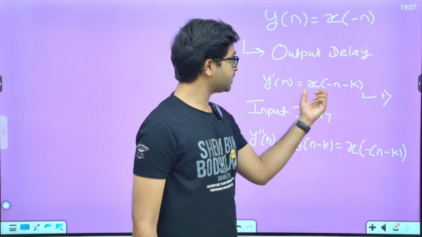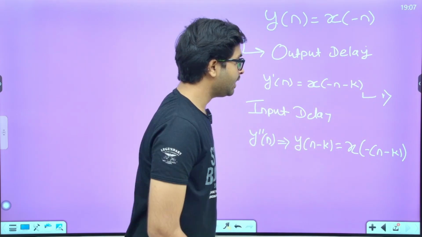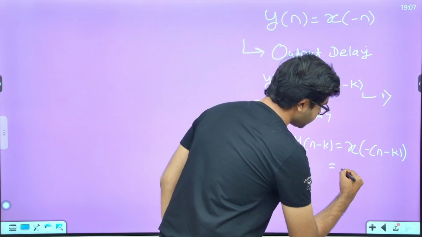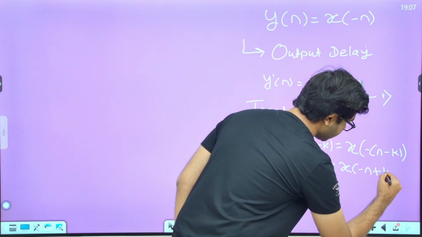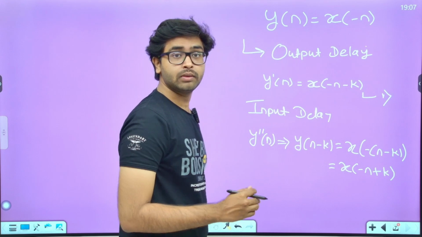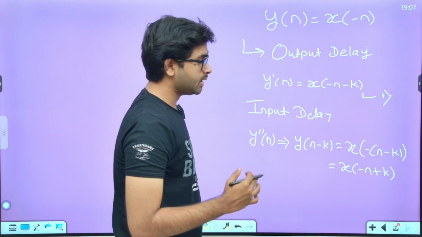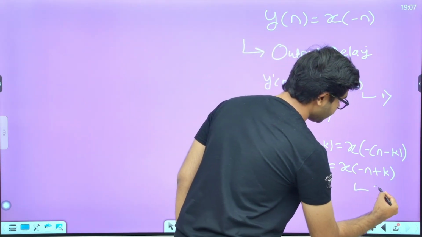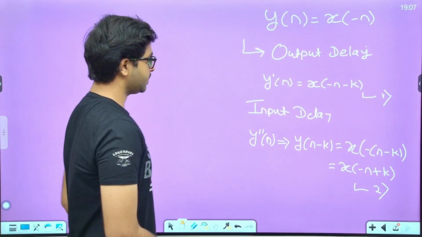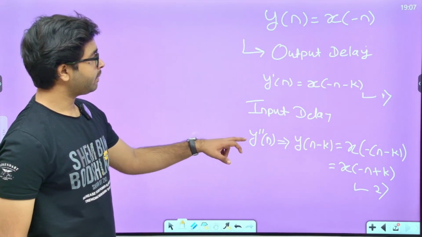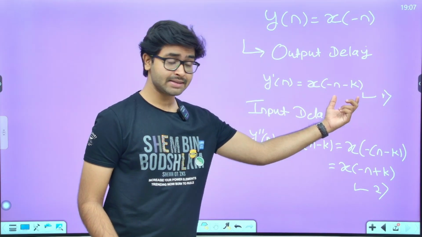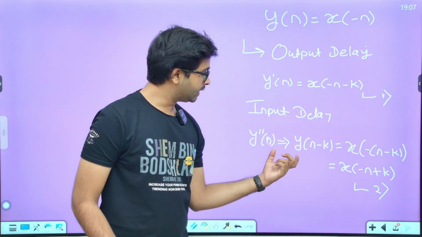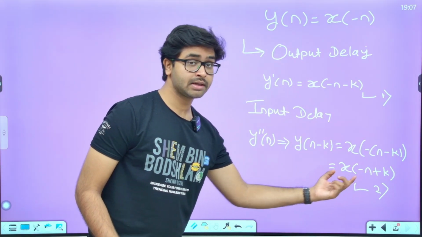What becomes here is x of minus n plus k. This is equation 2. Output delay gave us x of minus n minus k, but input delay gives x of minus n plus k.